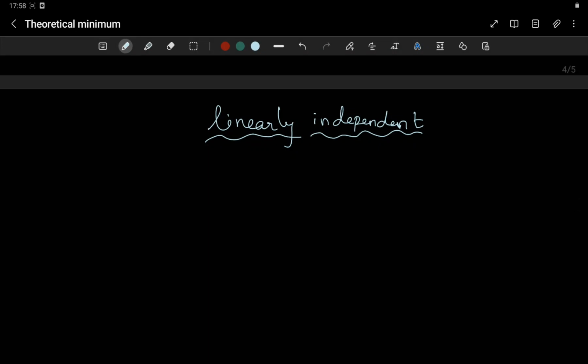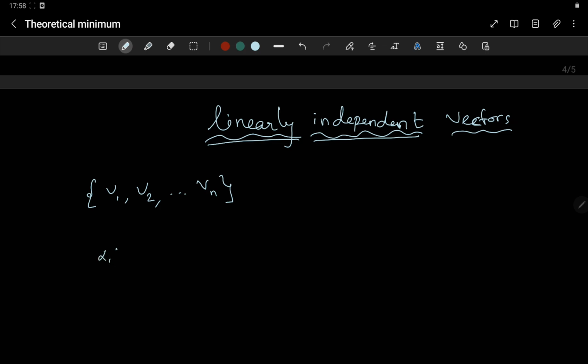Okay, so we'll discuss what is a linearly independent vector set. Say you have a set of vectors v1, v2, dot dot dot up to, let's say, vn. Now if you can write alpha 1 v1 plus alpha 2 v2 plus dot dot dot alpha n vn equal to 0.